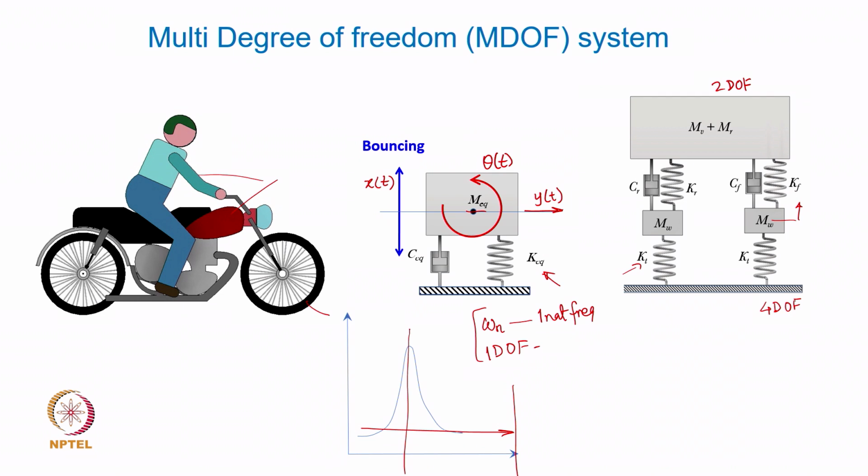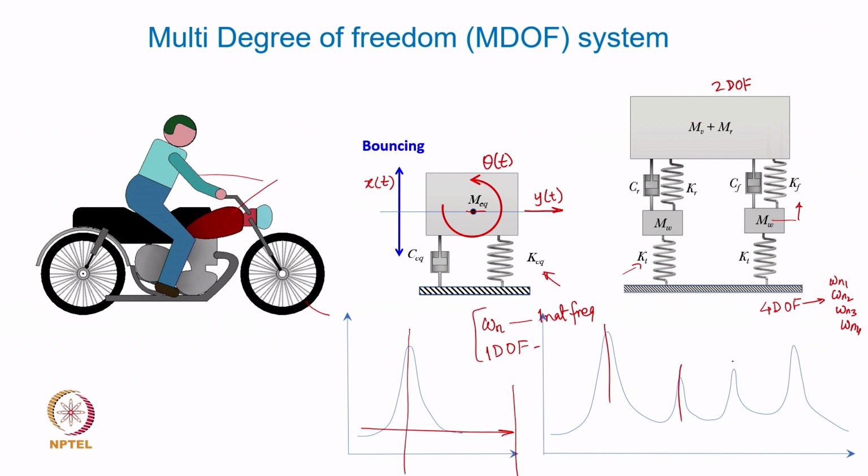What happens when we have a 4 degree of freedom system? There would be correspondingly 4 natural frequencies, omega n 1, omega n 2, omega n 3, omega n 4, and corresponding to each of these natural frequencies you can expect resonances occurring.